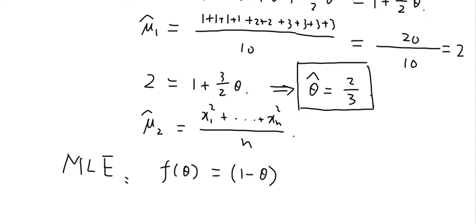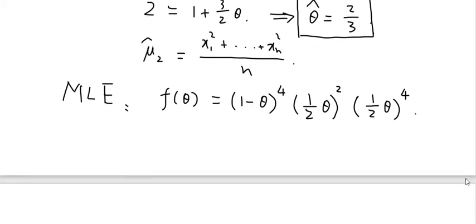This 1 appears 4 times, and the probability of 2 appearing is half theta, happening twice, and 3 appearing, probability is also half theta, right? This happens 4 times. So we want to regard this function as a function of theta, and find the maximum value of theta.